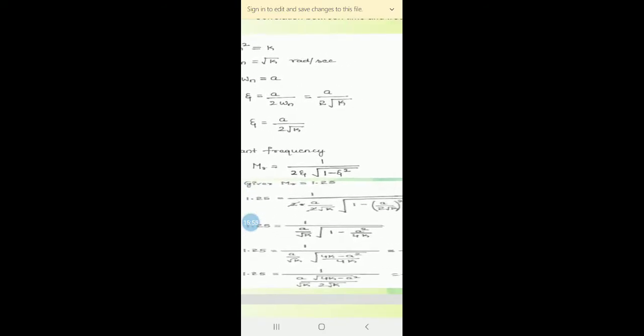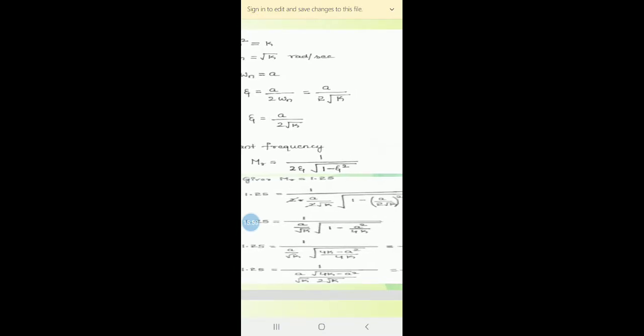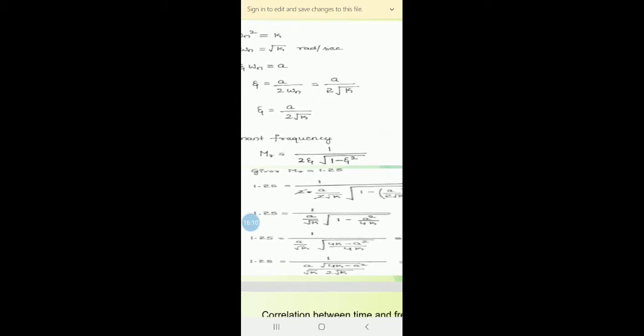So substitute: 1.25 is equal to 1 divided by 2 into a by 2 root k, into root of 1 minus a by 2 root k whole square. So make the arrangements.